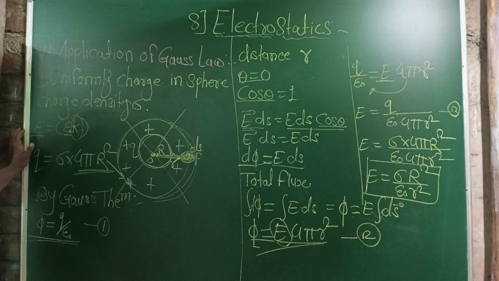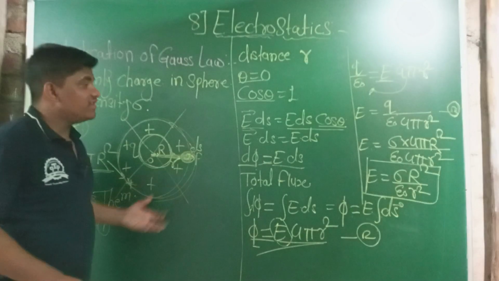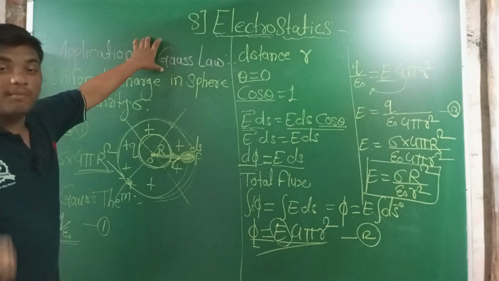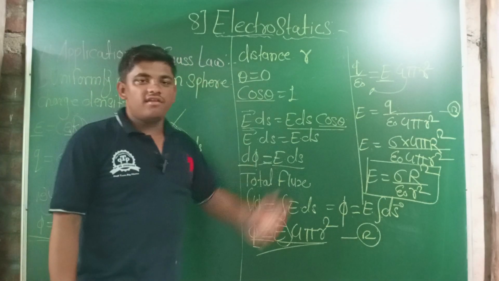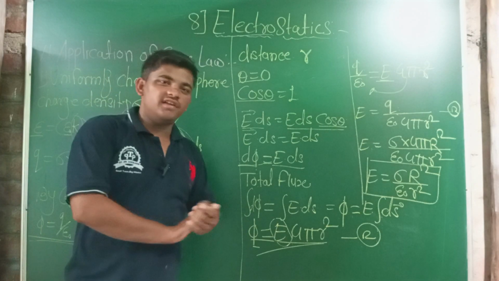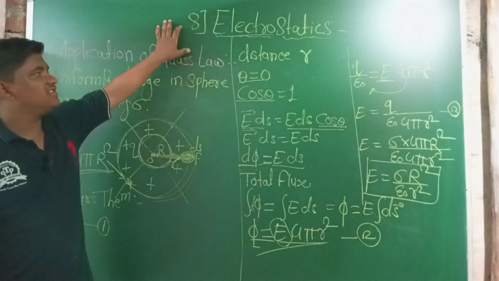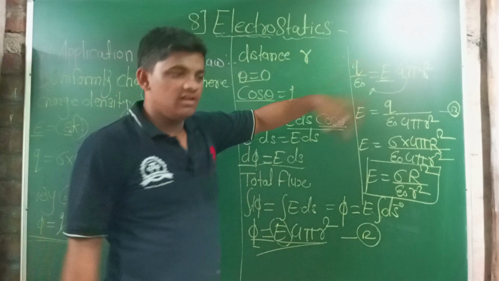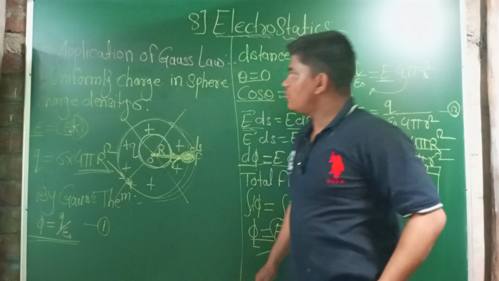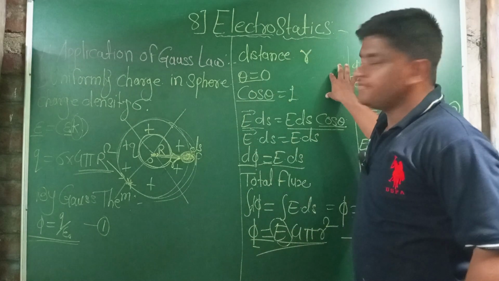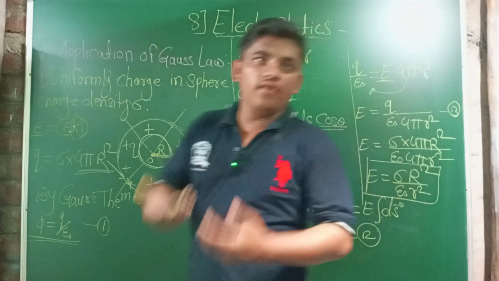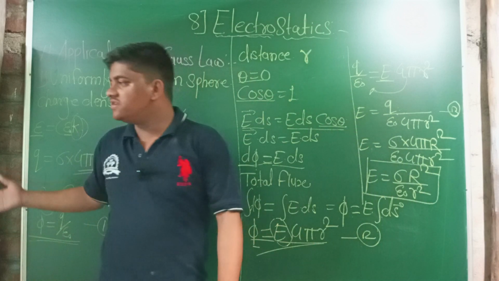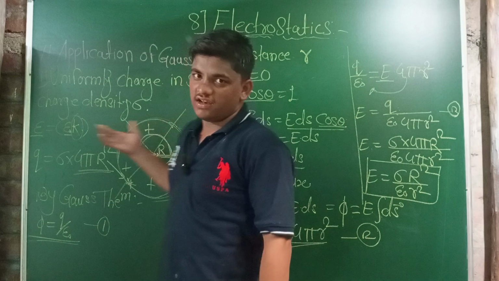Just revise before the discussion of the applications of Gauss law: we must know about the Gauss law, and the basic electrostatics discussed in 11th standard physics. This is the 8th topic, electrostatics, of the 12th standard physics Maharashtra state board. The first is obtaining the electric field intensity due to a uniformly charged spherical shell. Thank you.